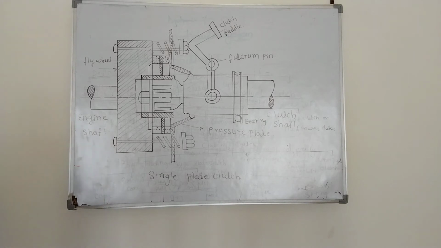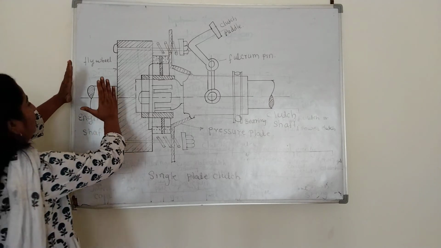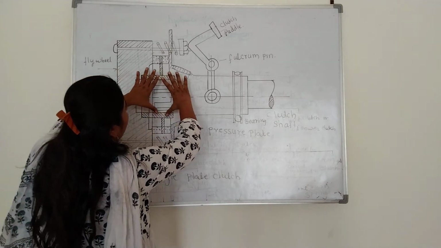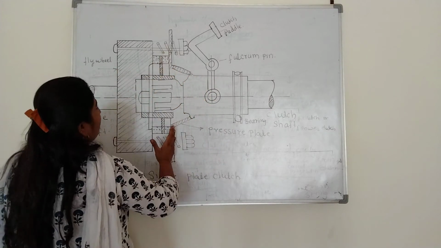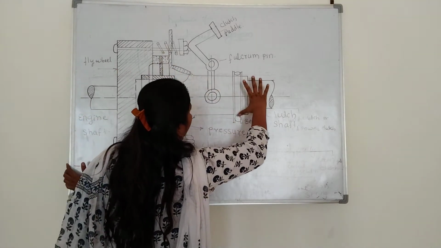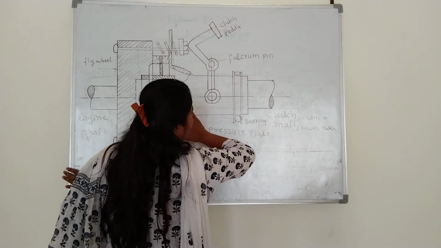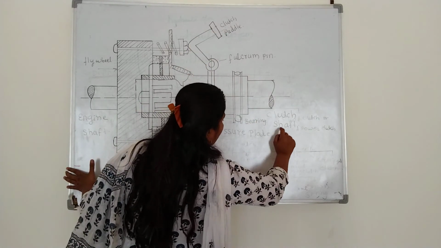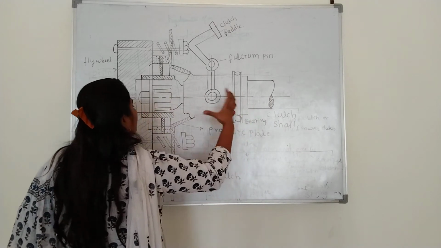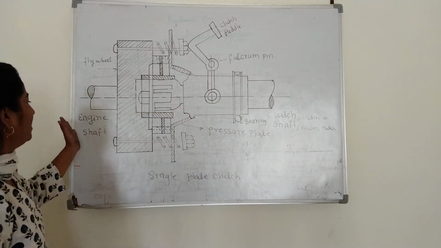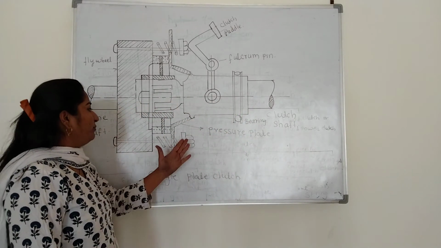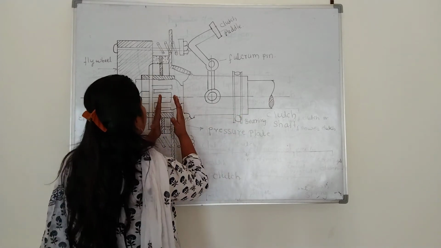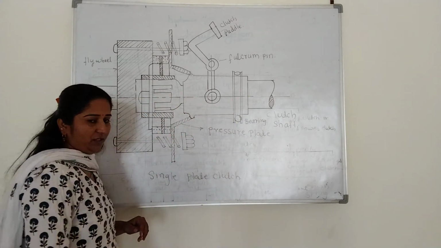It consists of the flywheel. On this flywheel, the assembly of the friction plate, fulcrum pin and pedal is attached on the clutch shaft. The bearing bears the load that comes from the engine shaft, and the pressure plate engages and disengages the clutch.